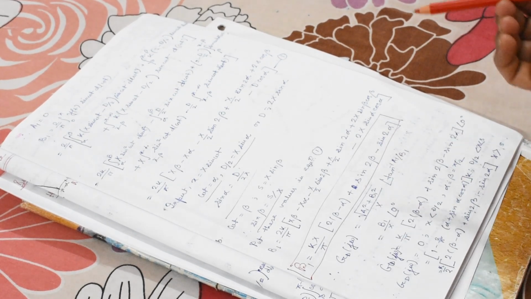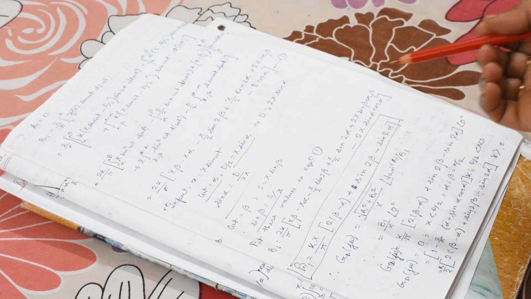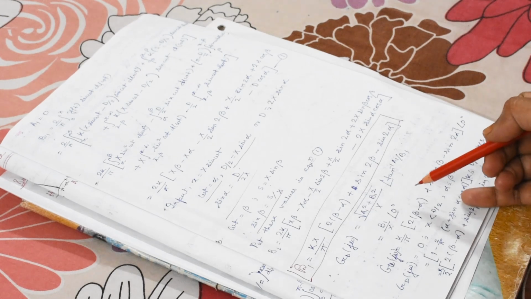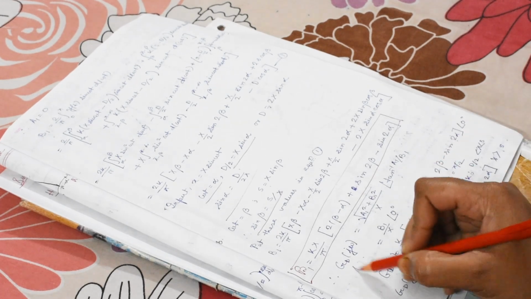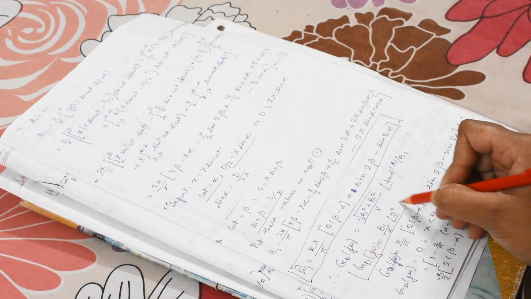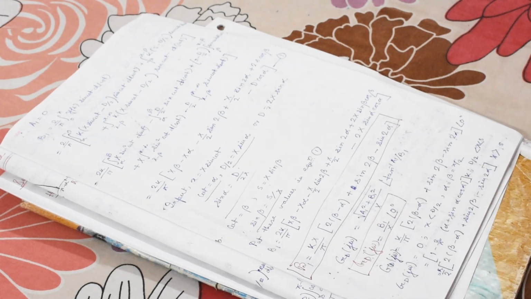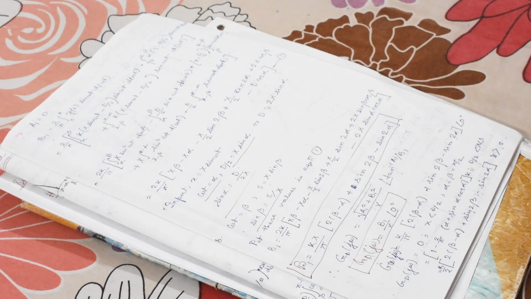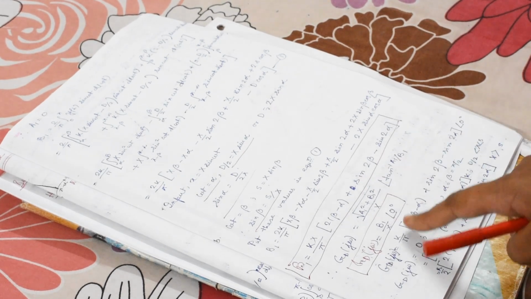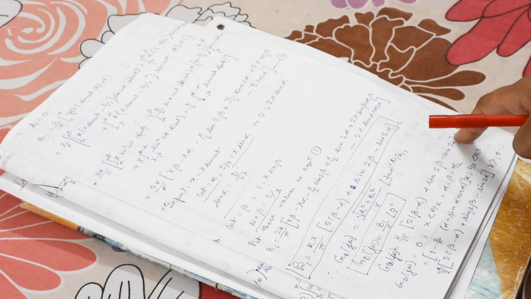So from here we get the value of the describing function G_D(j omega), which is nothing but b1 by x at an angle 0 degree. And then we put the value of b1 here and we get the final result.